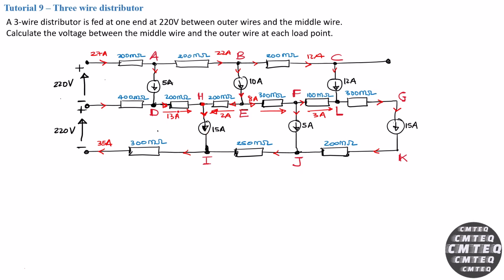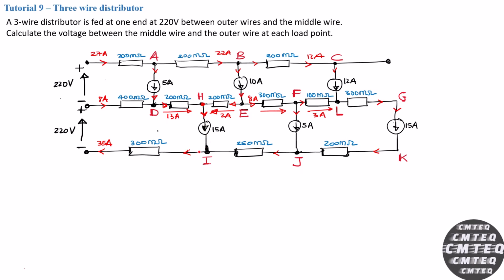Now if we need 13 amps of current here, that basically means here we are getting the 5 amps, so we need to get 8 amps here. Now we know what the current is here: 8 amps plus 5 amps is going to give us 13 amps. Now the 13 amps is going to flow in here with these 2 amps, then we get our 15 amps.